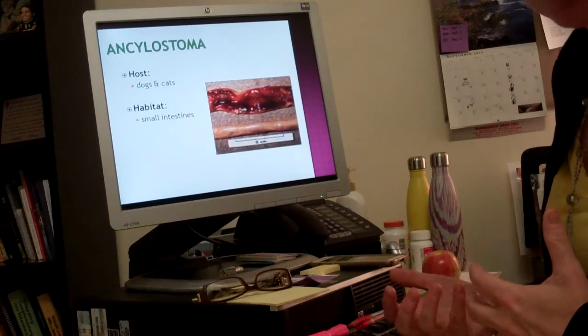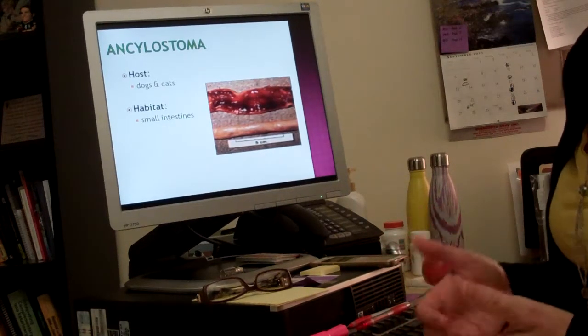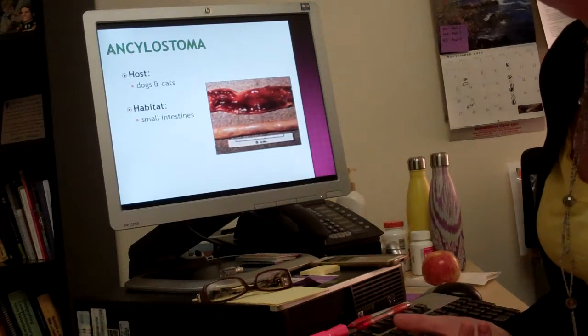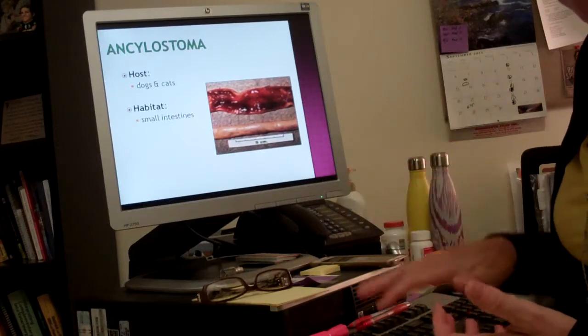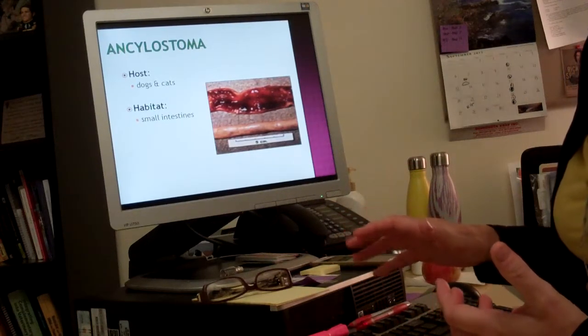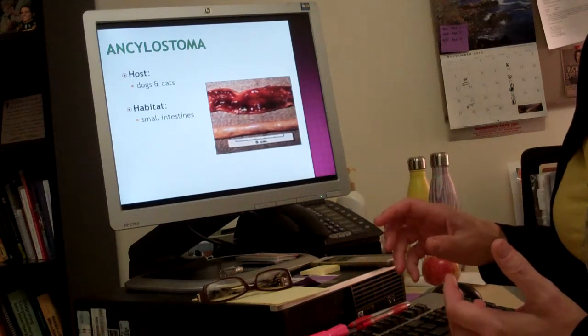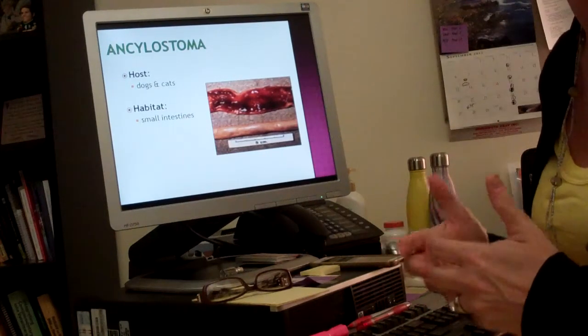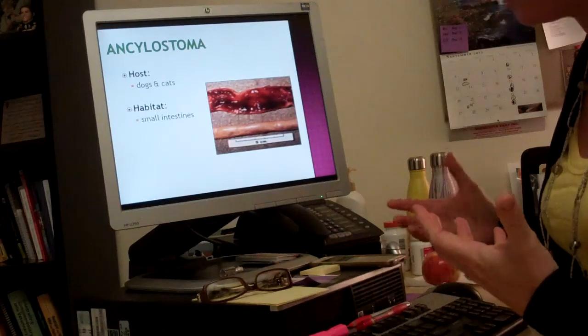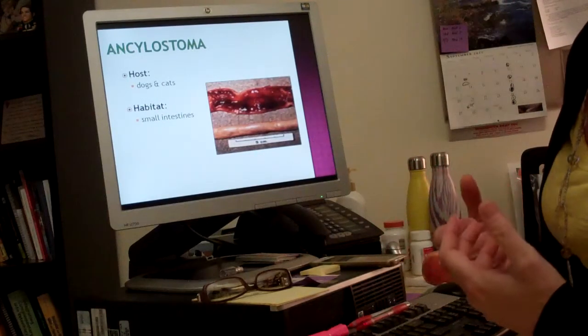Now, what color of blood would you anticipate? Remember that if there is bleeding distally in the gastrointestinal system, like the anus or the rectum, maybe something cut the anus or the rectum, it would be more fresh blood, bright red blood, like the color of a bright apple.